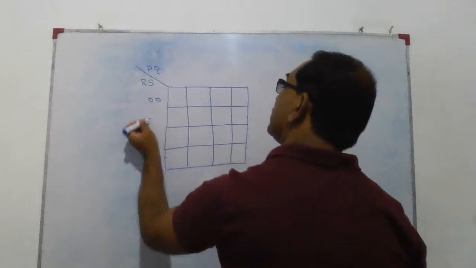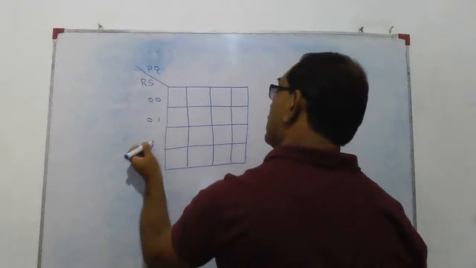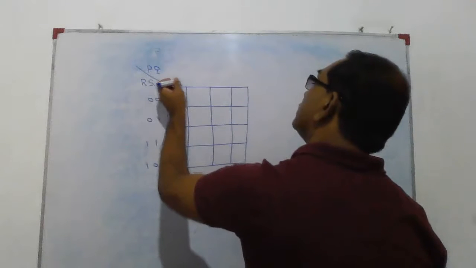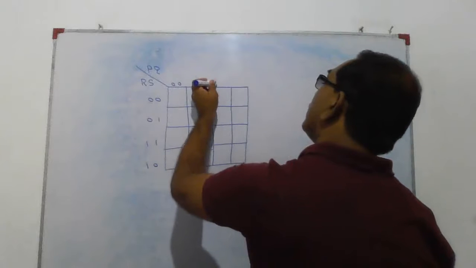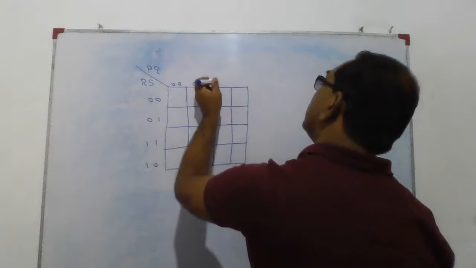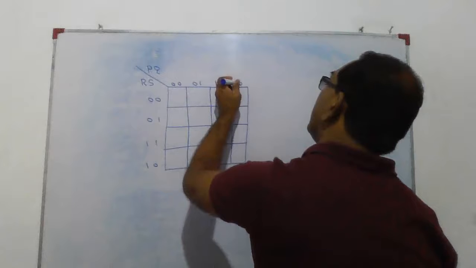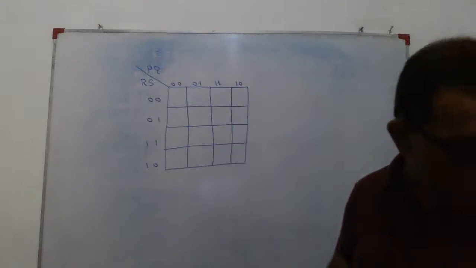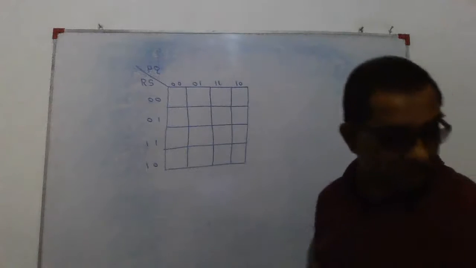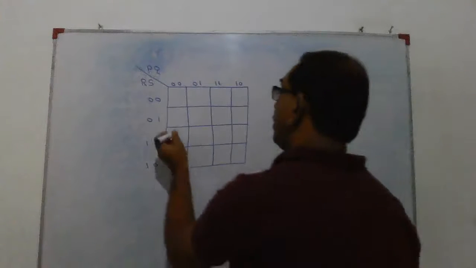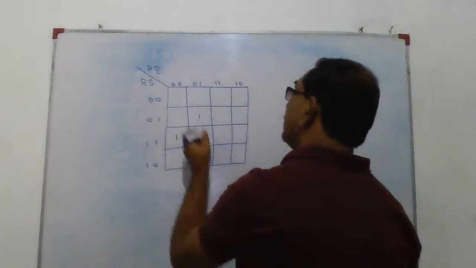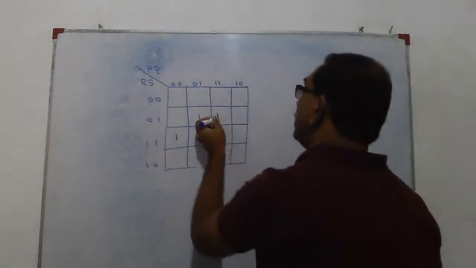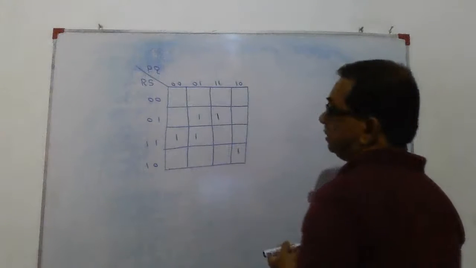It can be 0, 0, 0, 1, 1, 1, and 1, 0. Similarly, 0, 0, 0, 1, 1, 1, and 1, 0. And in the third row we have 1, 1, 1, and again 1 here and 1 in this place.